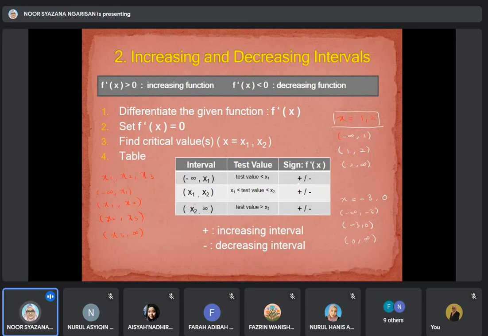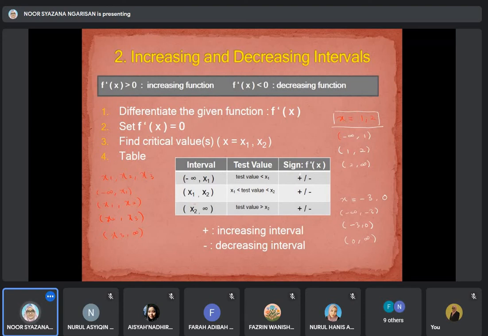Kita nak dapatkan dia punya sign saja. Okay, if the answer is positive or negative, when you substitute test value into f prime x, you get the answer. If the value is positive, you write down positive. If the answer is negative, you write down negative. Apa maksud positive negative ni? To determine increasing interval or decreasing interval.